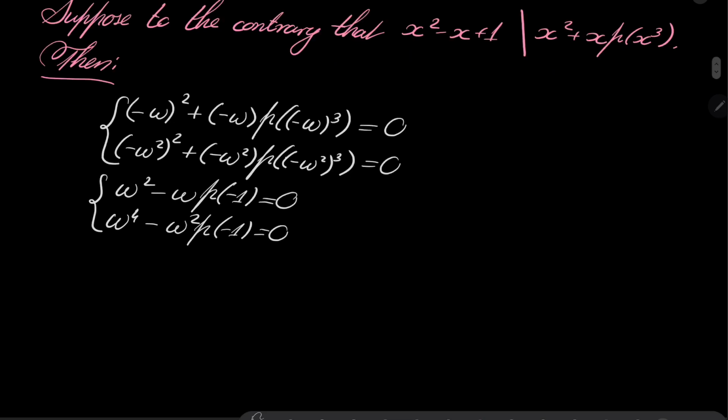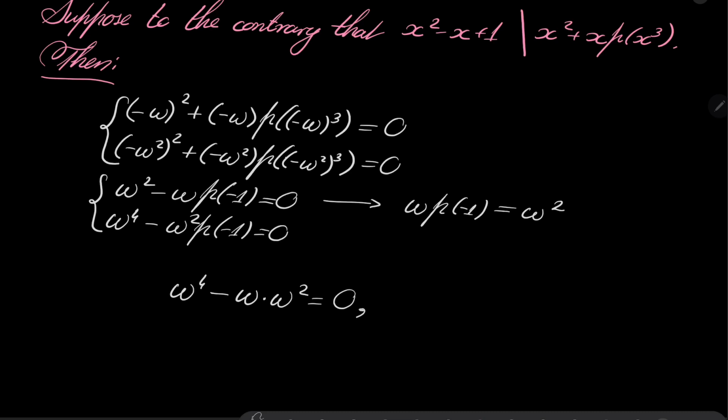Now, from the first equation, we deduce that omega p of minus 1 should be equal to omega squared. And let's put it in the second equation. Omega to the 4th power minus omega times p of minus 1, but this is the same as omega squared. So we can factor out omega cubed, omega minus 1 equals 0.